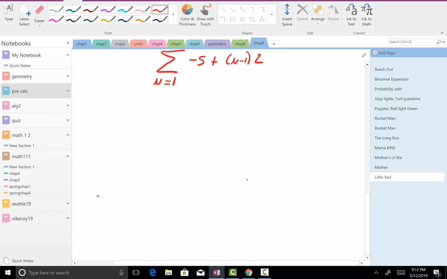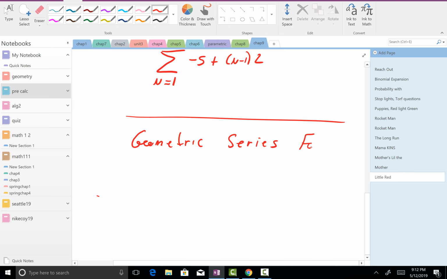Let's do a geometric. Now a geometric series formula is a little bit harder to derive, so we're not going to derive it for you. So it goes like this.